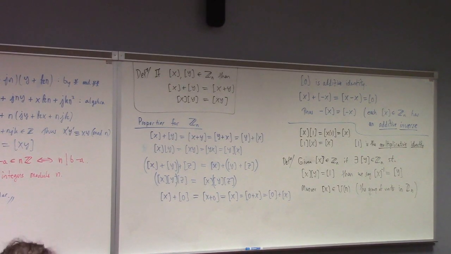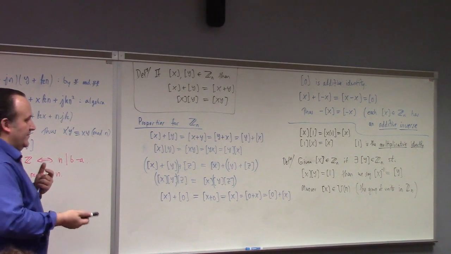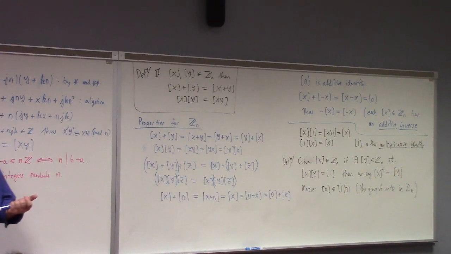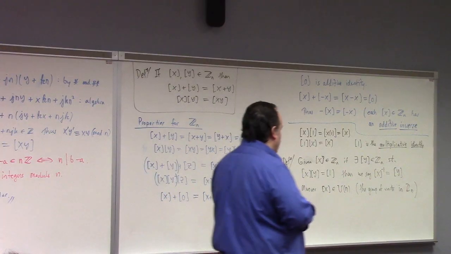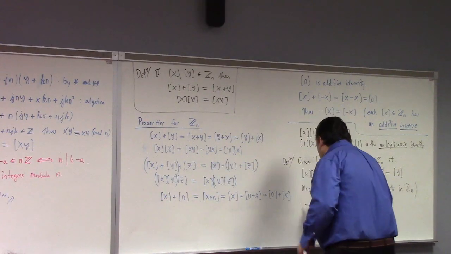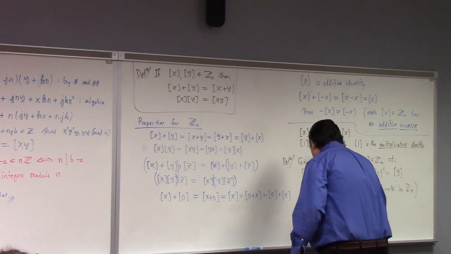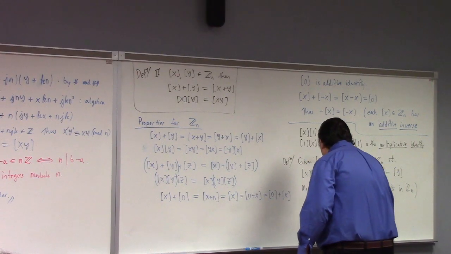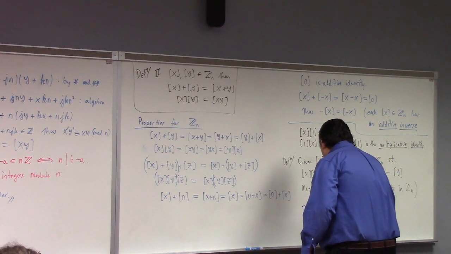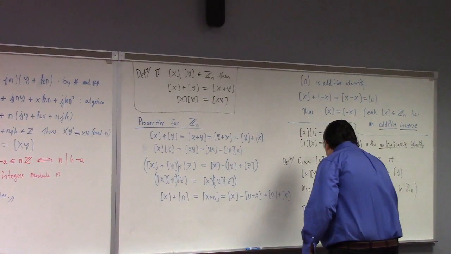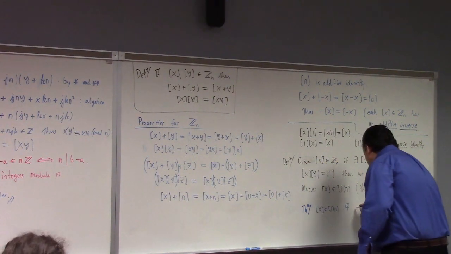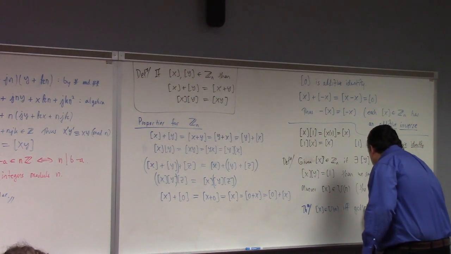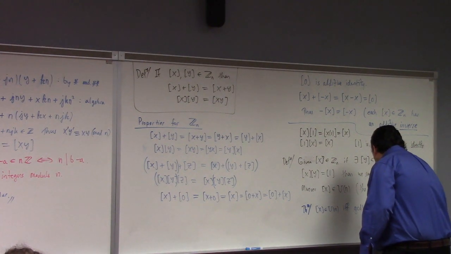Not every number in Zn has to have a multiplicative inverse. We've done some calculations, and I'm not sure I have time today to get into this, but the theorem is basically this: x is an element of Un if and only if the GCD of x and n is equal to 1.